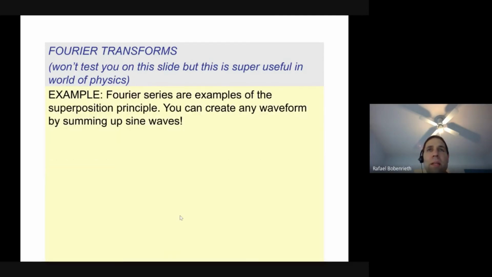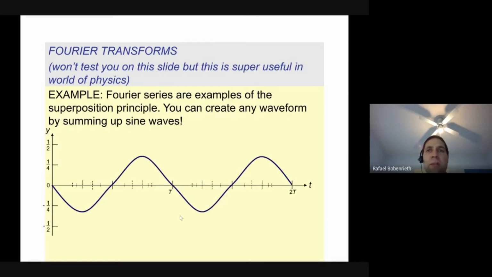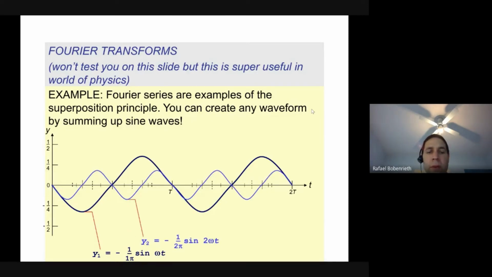A Fourier transform or a Fourier series is really just using this principle of wave superposition. Let's take a look at this scenario here. Let's say I have a certain wave that looks like this. Maybe you haven't done this in math, or maybe it's been a while, but you can characterize that with a certain sinusoidal function. Then notice I have a different wave here with a slightly different sinusoidal function.